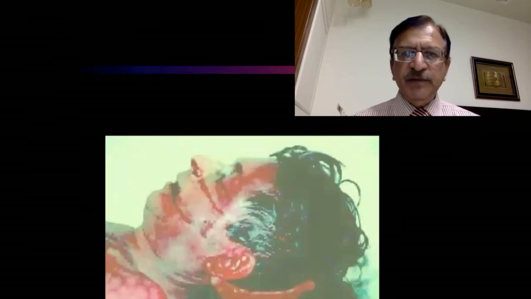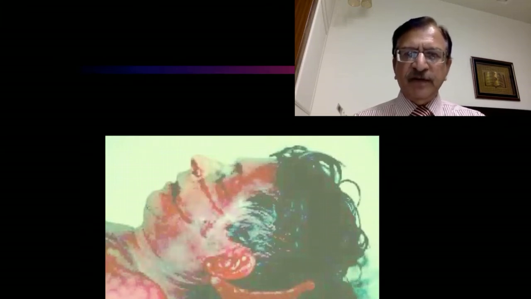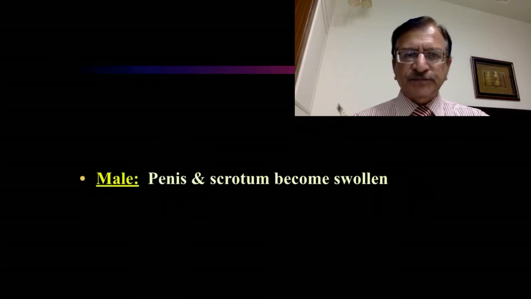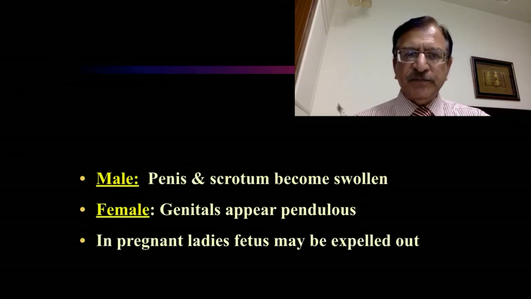And this may not be mistaken as any homicidal event because other putrefactive elements like foul smell and skin slip may also be visible. The condition of the genitalia: in males, the penis and scrotum become swollen, and in females, the genitals appear pendulous. And in pregnant ladies, the fetus may be expelled out.